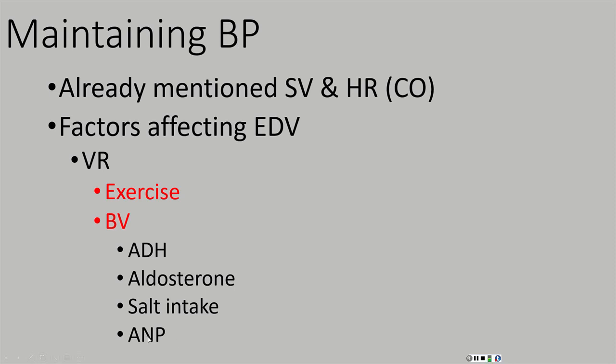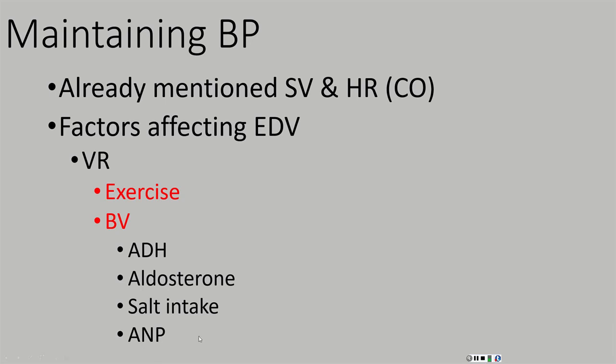Atrial natriuretic peptide, ANP. We mentioned this when we were talking about vasodiameter and peripheral resistance. Now we're going to look at something that it does regarding blood volume. Well, ANP blocks the effects of aldosterone. It does something else too that we will see when we get to kidneys.